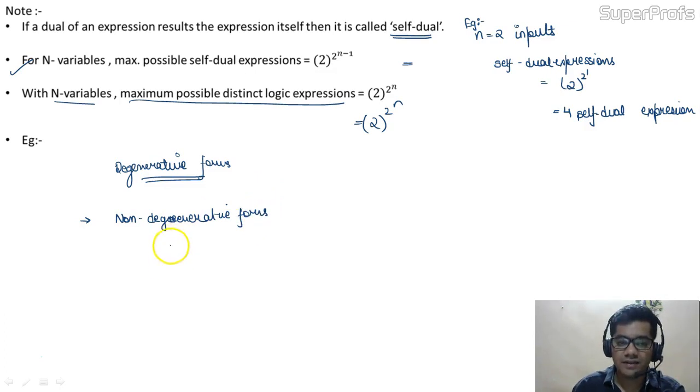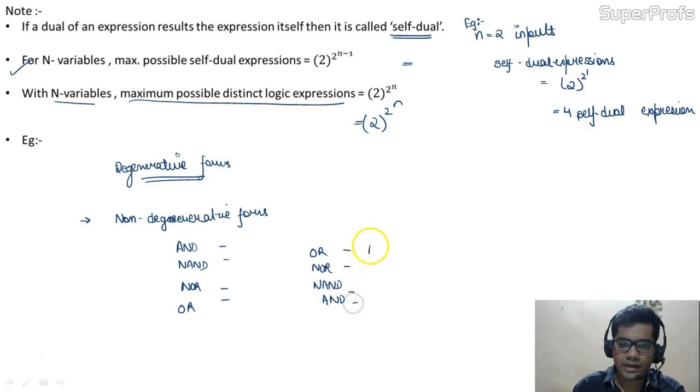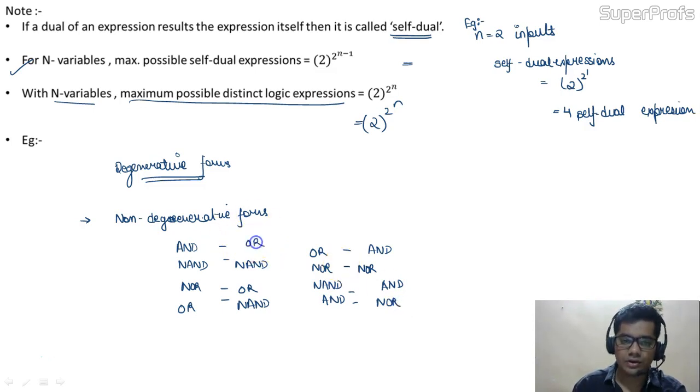We made a table with AND, NAND, NOR, OR; then AND, NAND, NOR, OR; and then AND, NAND, NOR, and OR. So these were the 8 non-degenerative forms.